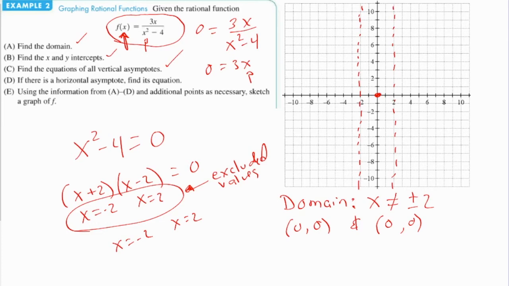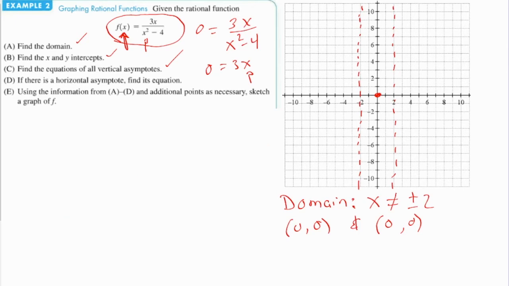Part D says if there is a horizontal asymptote, find its equation. And we will go over how to find horizontal asymptotes. For now, I'll just explain it to you, and then we'll look at the actual theory behind it. We compare the degree of the numerator, which is degree equal to 1, to the degree of the denominator, which is degree equal to 2.